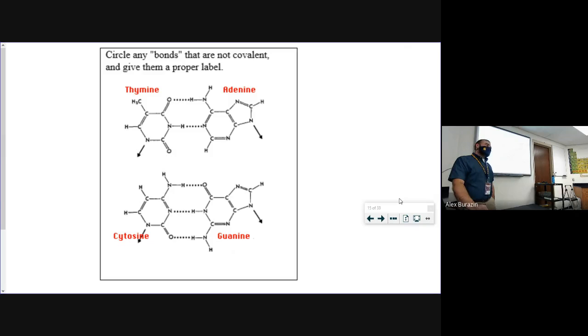It is. This is DNA. Or, well, at least, you know, some of the groupings of DNA, right? We have our thymine, adenine, cytosine, and guanine. Those are the DNA groups.